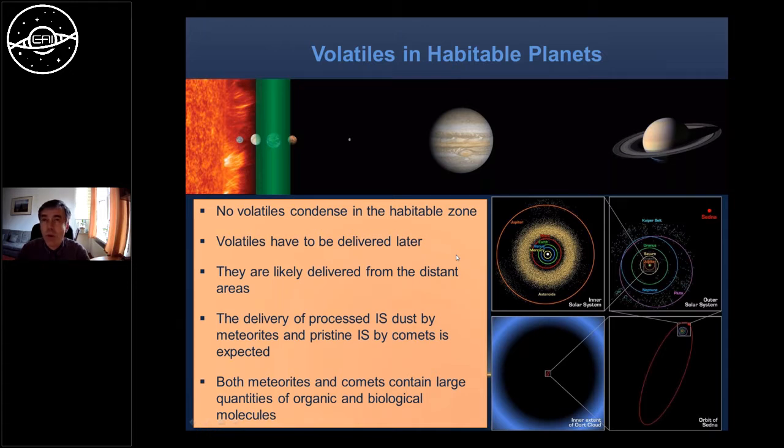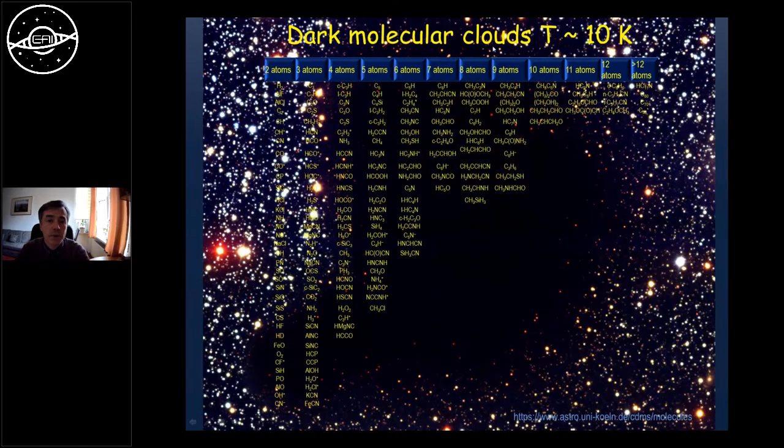For example, almost all amino acids and nucleic bases were found in meteorites. Also, many sugars and lipids were found there. Of course, such molecules could considerably contribute to the origin of life, and it becomes important to understand what kind of molecules are present in the dark molecular clouds and which could later be delivered to early Earth and contribute to the origin of life.